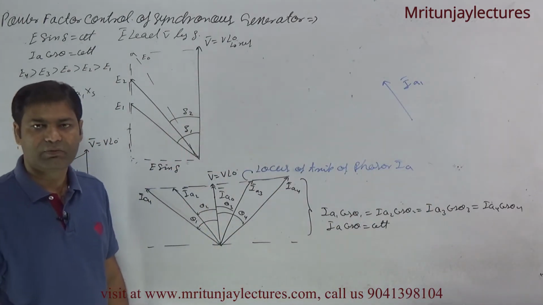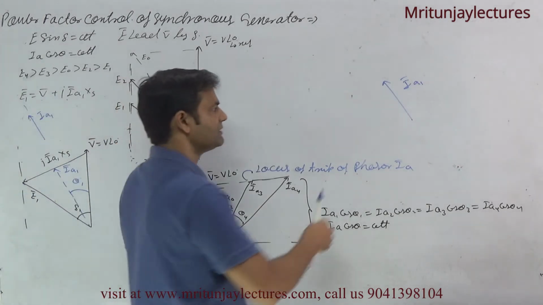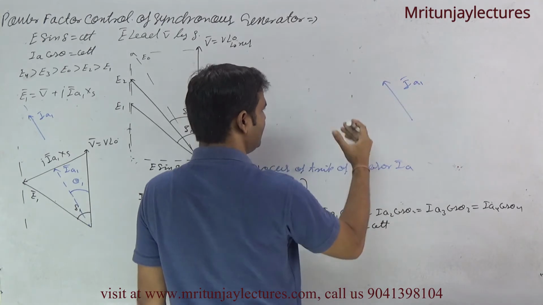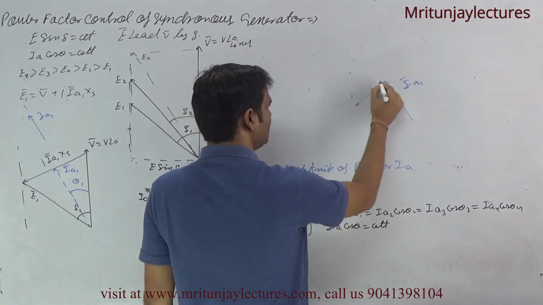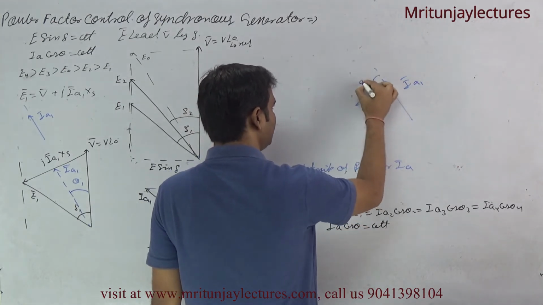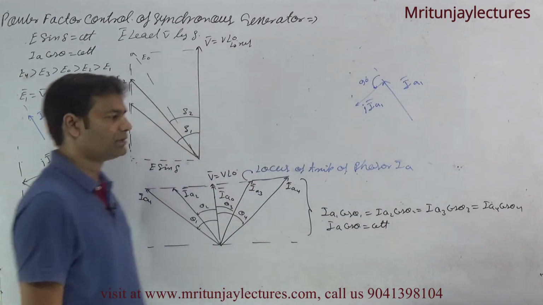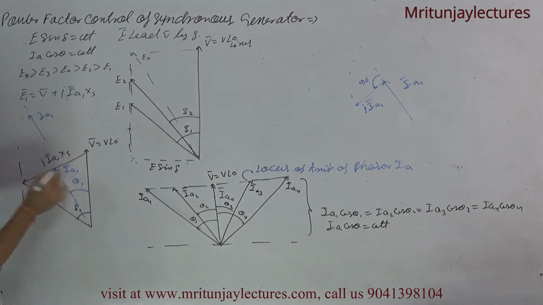That is 90 degrees anticlockwise. So j Ia1 is represented 90 degrees anticlockwise, like here. Clear? That's why if this is Ia1, then this one represents j Ia1. And if you multiply by X, this is the voltage drop corresponding to it. Clear?